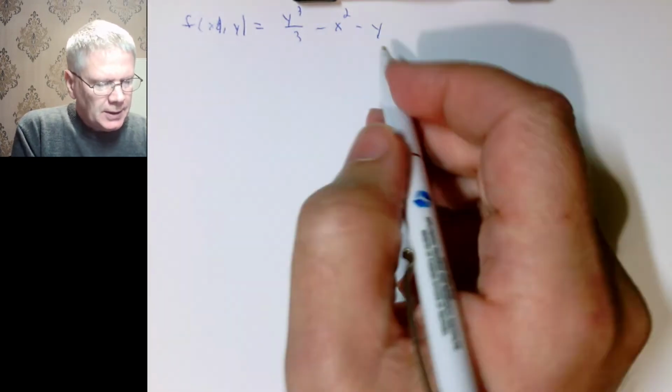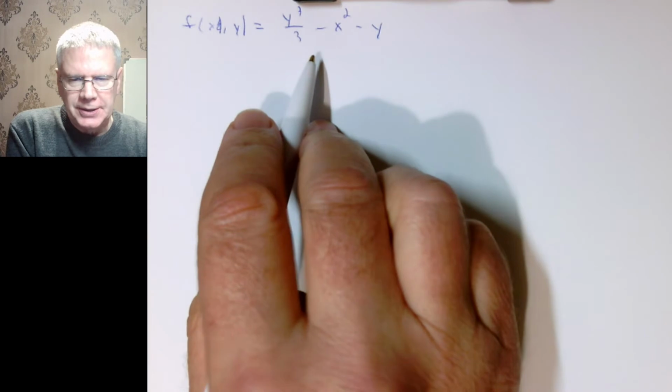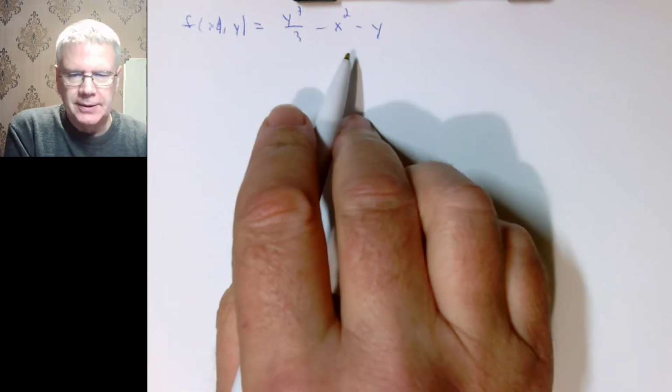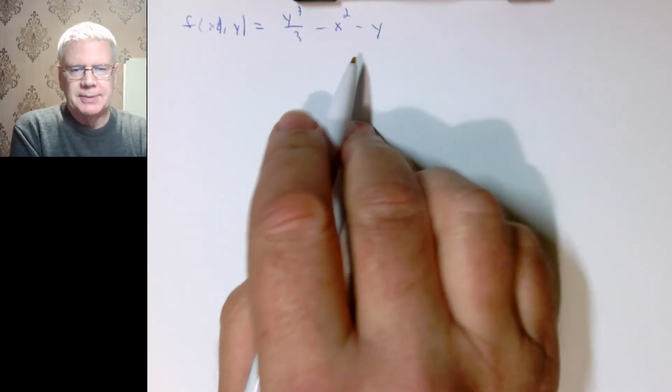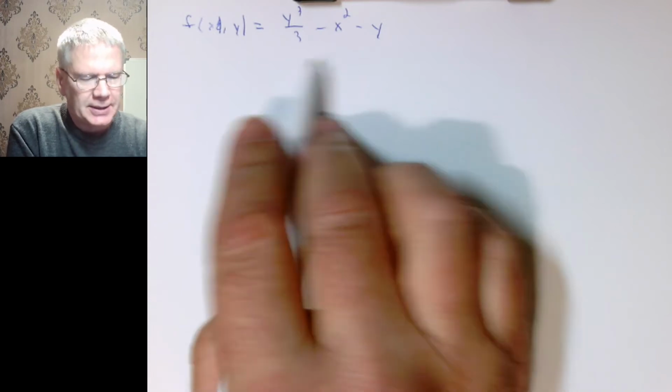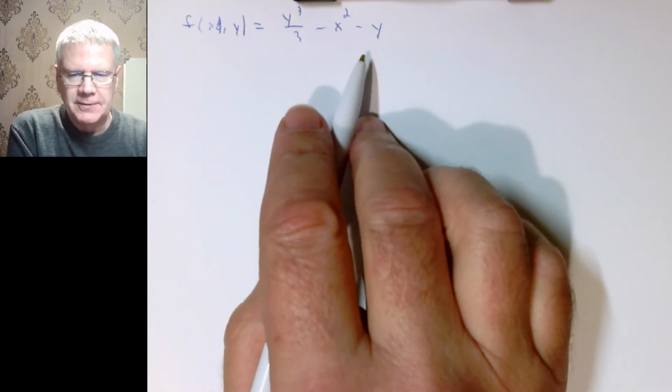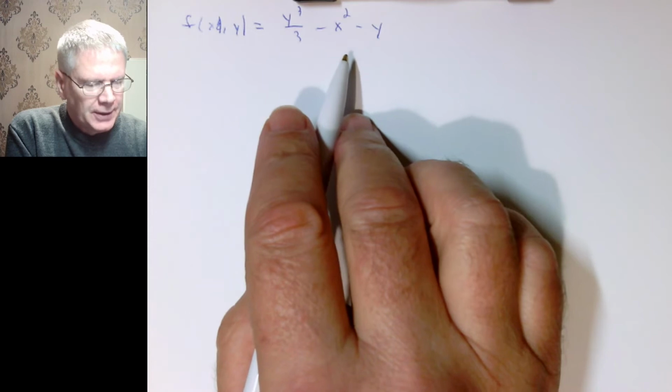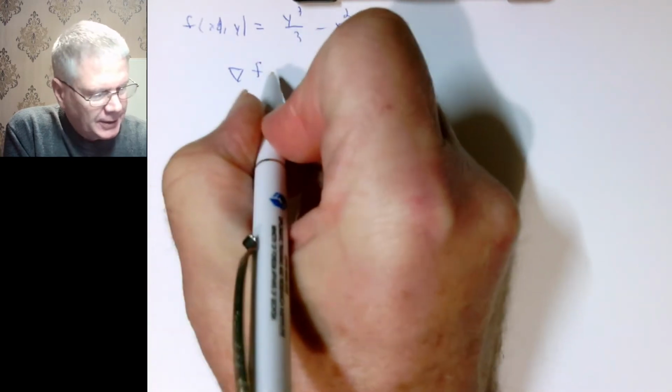So if we want to know how this changes in a one-dimensional function, we take a derivative. And if we want to know where it's a maximum or minimum, we set that derivative or slope of the tangent line equal to 0. We're going to do something similar here, but instead of a single derivative, we need a gradient of f.